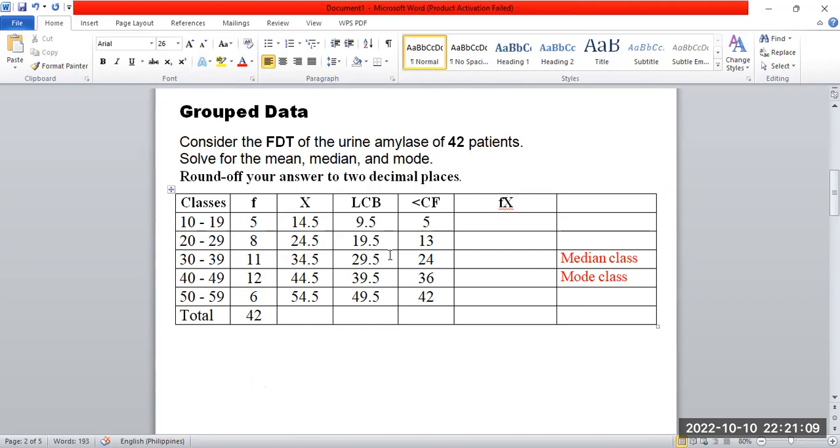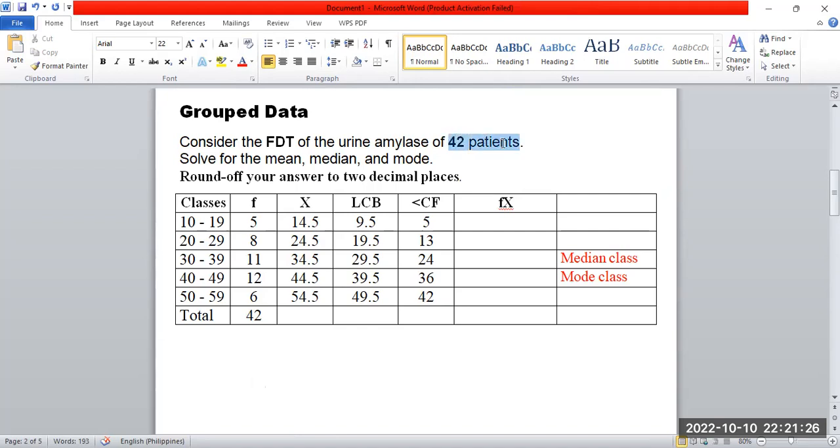So paano nyo malalaman kung sample size ba yun or population size? So tingnan nyo yung problem. Read the problem.